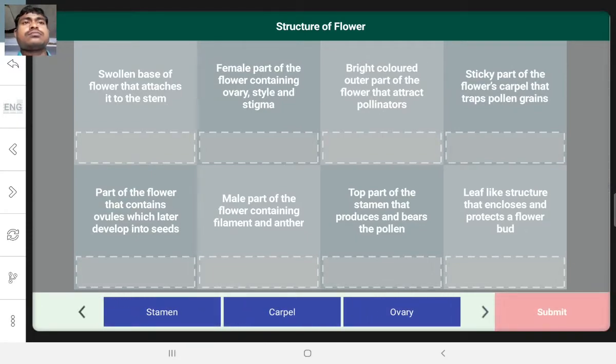You can tap on any of the cards to see an image of the part which matches the description.